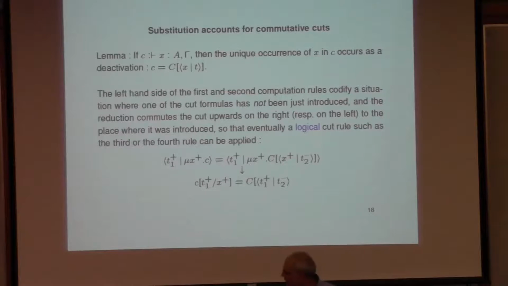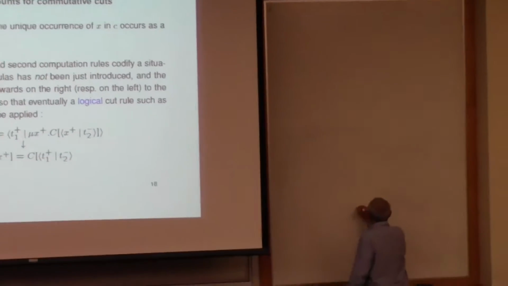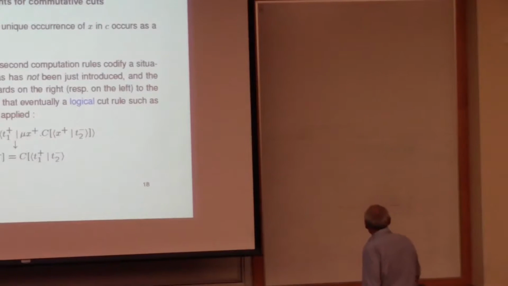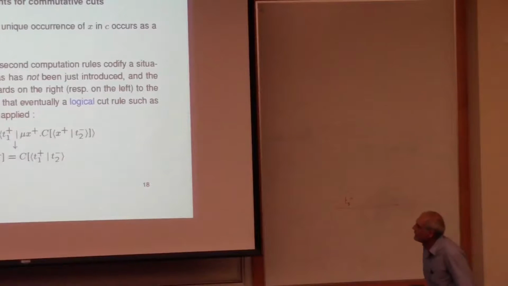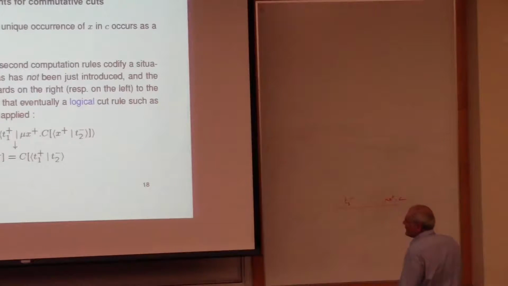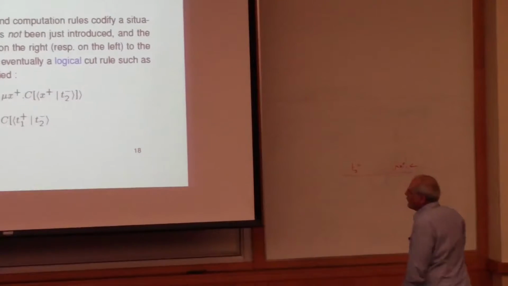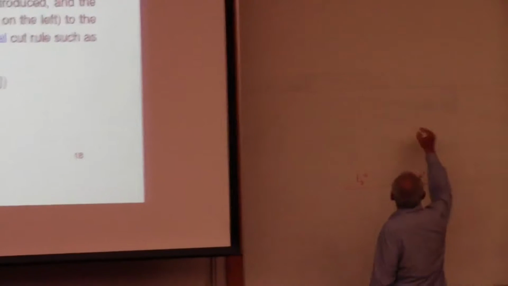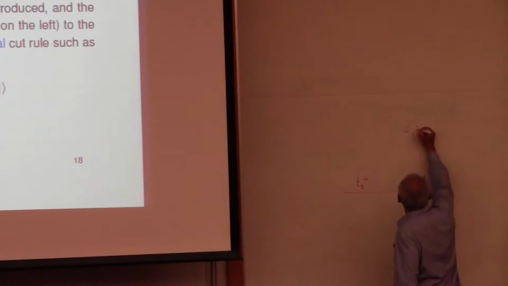So you have to think, maybe I should draw a picture. You have to think that this was T1 plus, and this was mu x plus dot C, and somewhere in the proof of mu x dot C, at a certain moment, there was x cut with T2 minus.